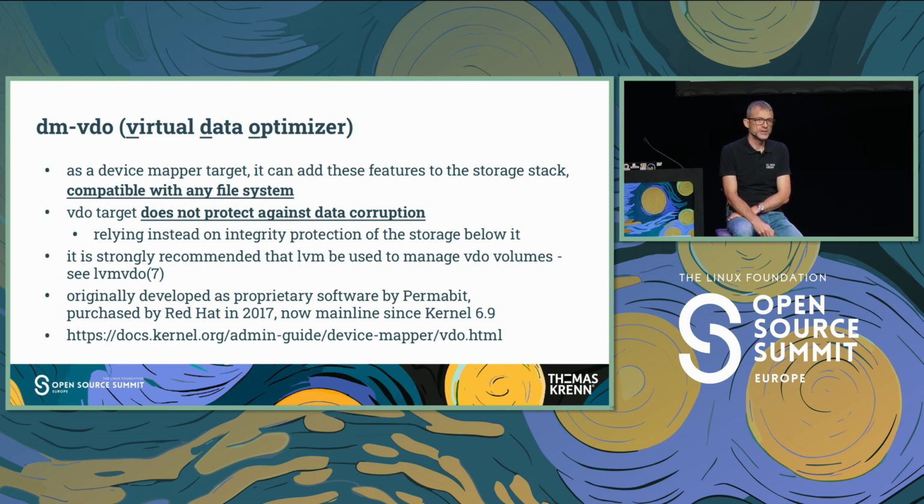And originally, this kind of software was not open source software, but it was developed by a company called Permabit, which has been purchased by Red Hat in 2017. And Red Hat took the code, integrated it into the mainline kernel, and now it's mainline since kernel 6.9.